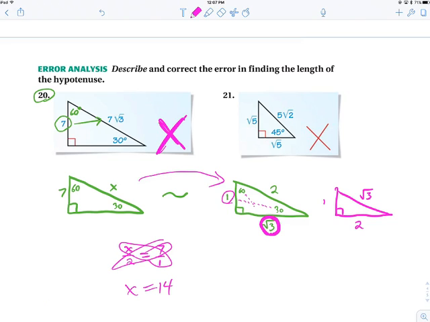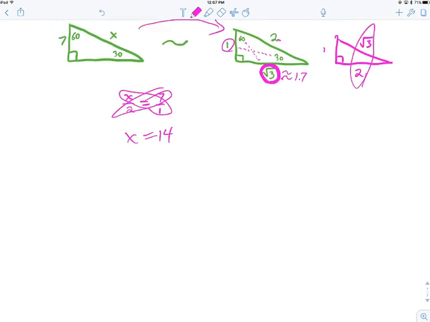Across from 60 is my medium. It's easy to slip up and think that 2 is smaller than 3. Because 2 is smaller than 3, but 2 and the square root of 3 have a different relationship than 2 and 3. Okay, so it looks like they swapped these sides, which is a really common mistake. So I wanted to highlight this one.